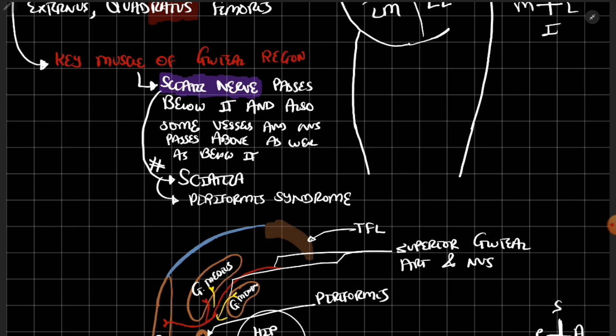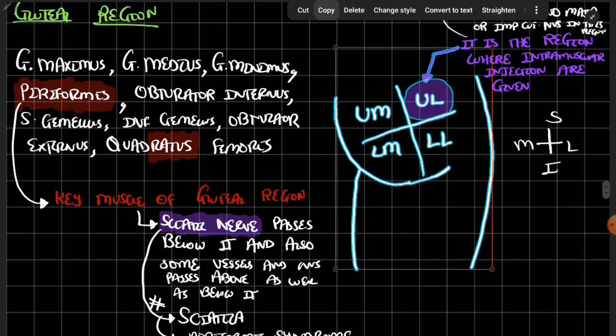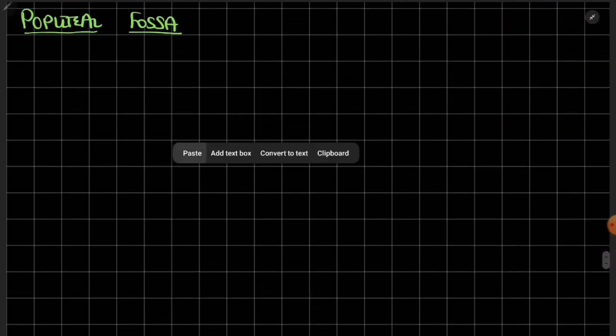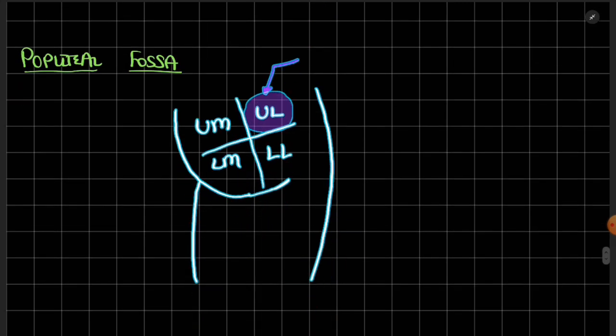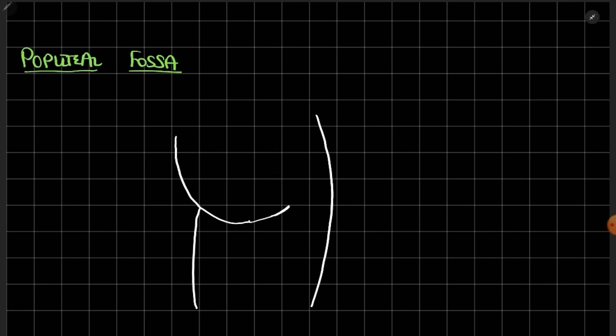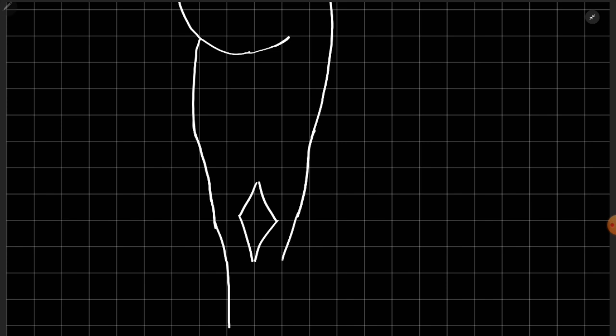Just a second, I will copy this image and paste it here. You already know this orientation of the diagram. This is not our area of interest. You already know superior, inferior, medial, lateral. So if we extend this figure downwards, we will see a rhomboid or diamond shaped fossa, and then the leg starts.